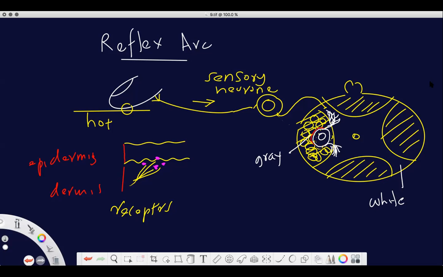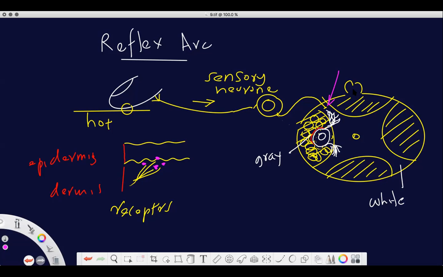So it has very short axons and dendrites. And here you can see the white one, and the sensory neuron is going to connect at this point.